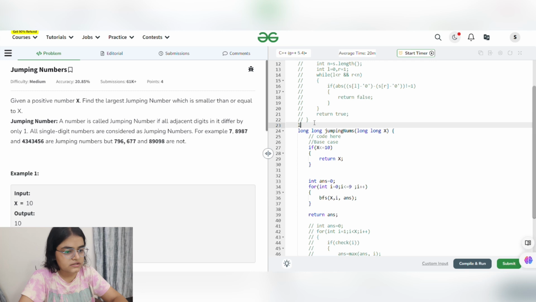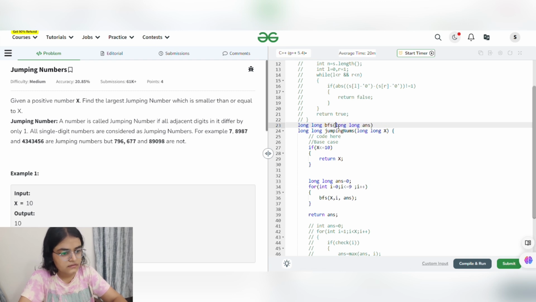Here also we'll use long BFS. Let's keep the answer as long, so you have to return long answer. Here it will be int. Okay, x is also long.